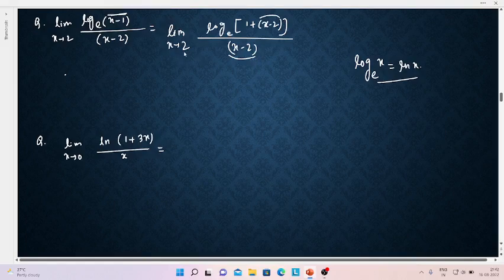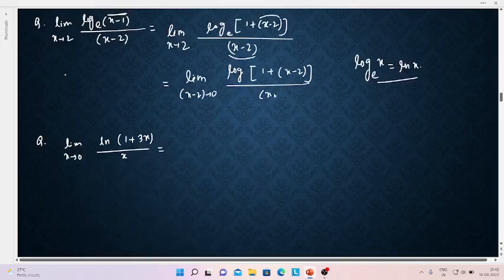Since x is tending to 2, then x - 2 is tending to 0, and we have log(1 + x - 2) upon x - 2.